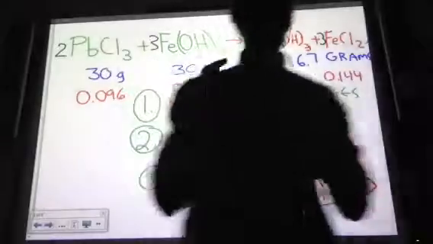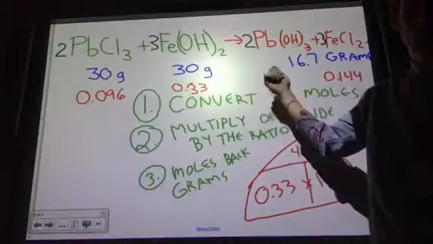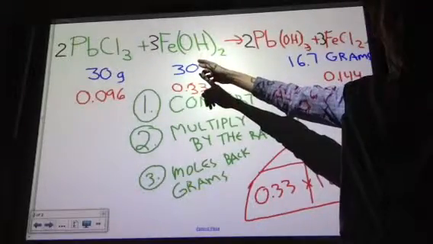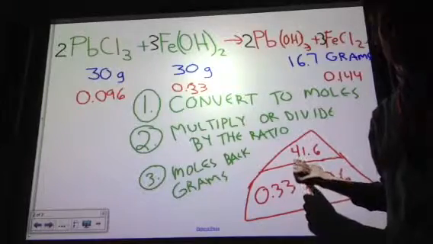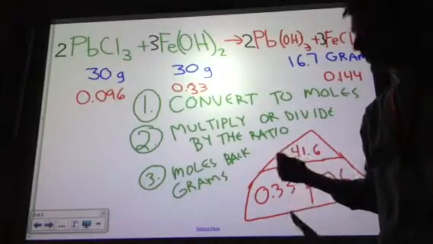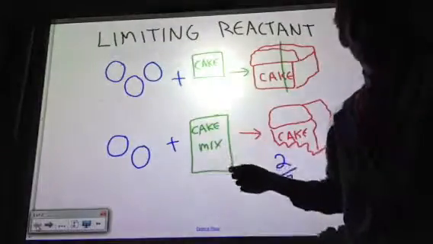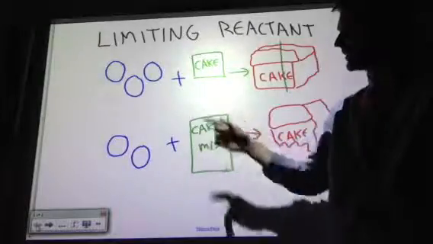The PbCl3 says I'm going to get 16.7 grams. The FeOH2 says I'm going to get 41.6 grams. So which one is right? The first one, the 16.7 grams. It's just exactly like this one.